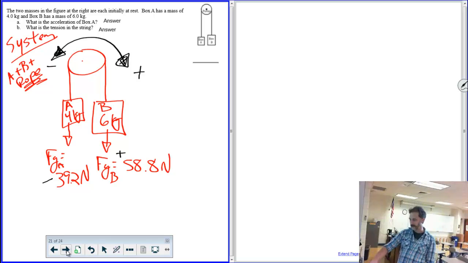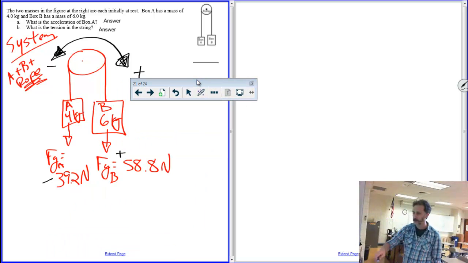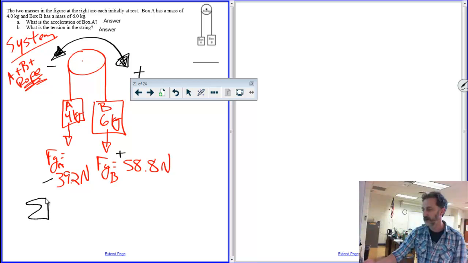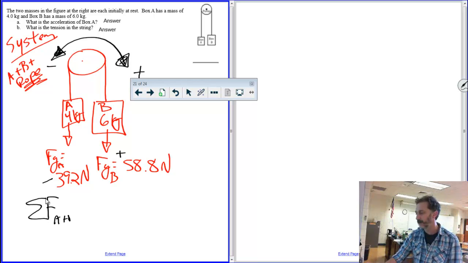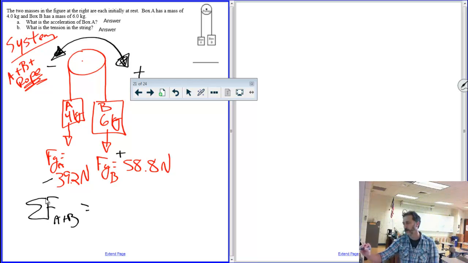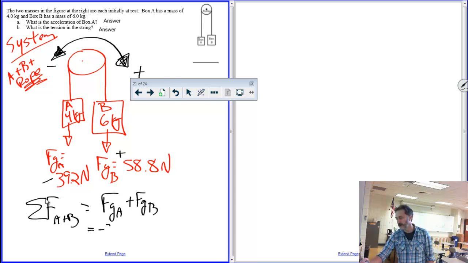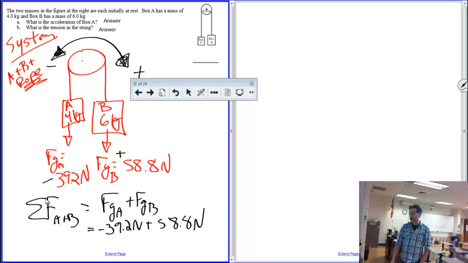So the net force on objects A and B combined is the force of gravity on A plus the force of gravity on B, which for us is negative 39.2 newtons plus 58.8 newtons.